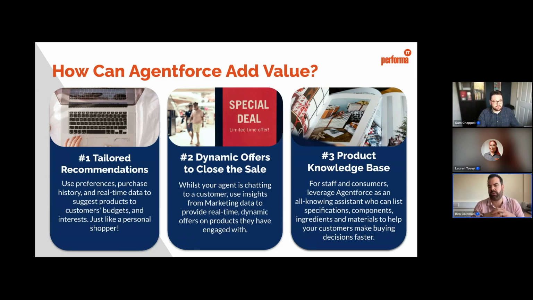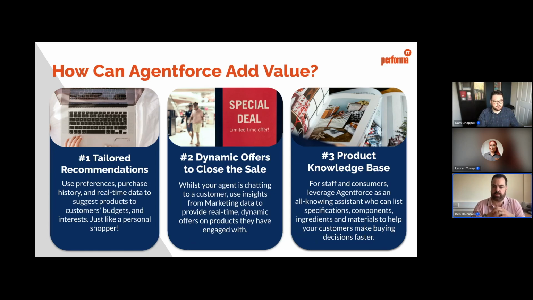So things like preferences, purchase history, and real-time data can all be leveraged by AI agents to suggest products that match our customers' budgets and interests, for example. I think this would also be an excellent way to upsell upgrades and add-ons, cross-sell things that appeal to customers, or perhaps advertise a new product launch or store opening.